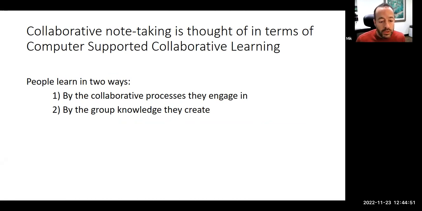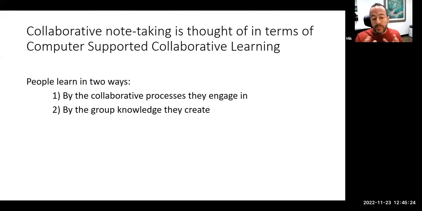Collaborative note-taking, when you do see a study about that, they usually look at it from some kind of social constructivist point of view, usually CSCL, computer-supported collaborative learning. Those kinds of theoretical frameworks tend to consider that learning happens mainly in 2 ways. One way would be in the collaborative processes that people engage in, right? When they work together, there are these collaborative processes that lead to learning, the sharing of ideas, right?